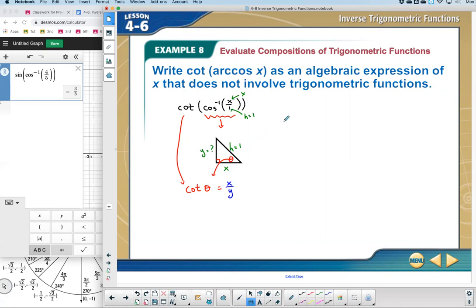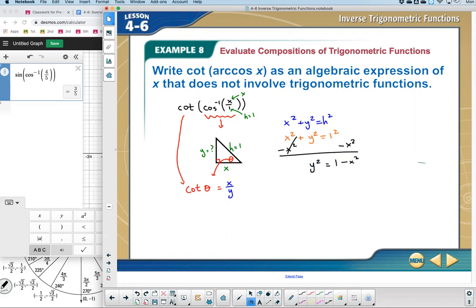I would do the same thing I just did: the Pythagorean Theorem, where we have x squared plus y squared equals h squared. In this problem, we know x is x, we don't know y, that's what we're looking for, and we know h is 1. This is a little tricky because I'm trying to solve for y, so I need to subtract x squared. So I have y squared equals, I'm going to simplify that, 1 minus x squared.